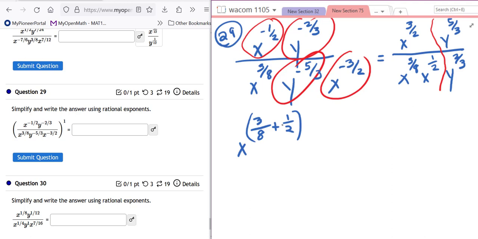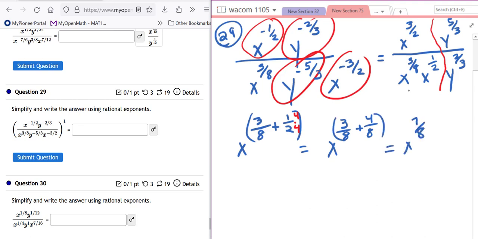Get a common denominator, so an 8 will work. So you have x to the 3/8 plus 4/8 is x to the 7/8. Right, that is for the denominator. So you have x to the 3/2 over x to the 7/8.